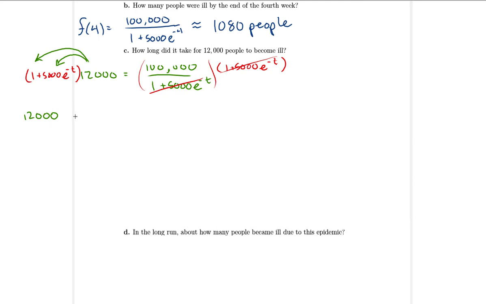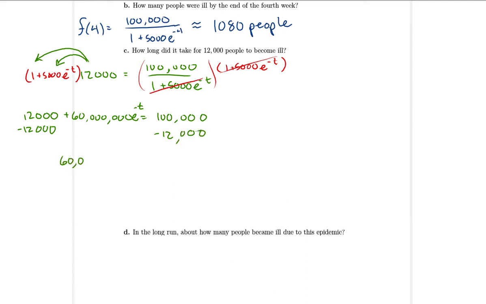So let's go ahead and do that. So 60 followed by that many zeros is equal to 100,000. And I forgot my e to the negative t, sorry. That's pretty important there, isn't it? And then, of course, we can start to get that e to the negative t by itself.